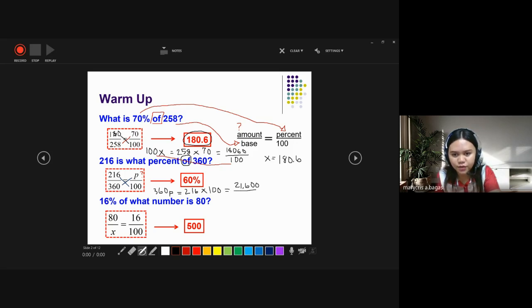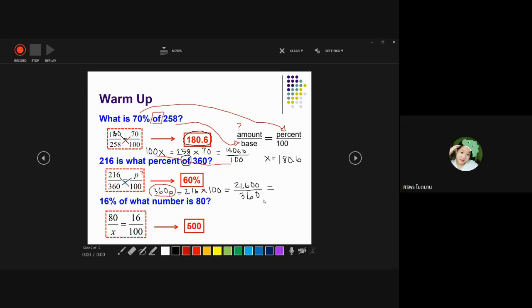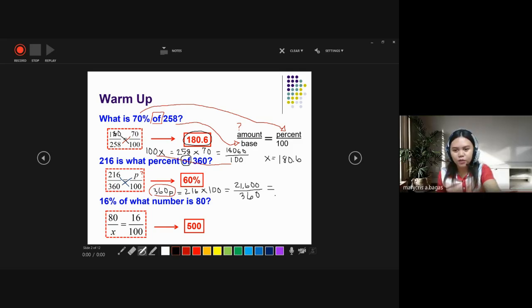We're going to divide it by 360, because 360 is our base. 21,600 divided by 360 is 60. So our answer is 60%. P is equal to 60%.